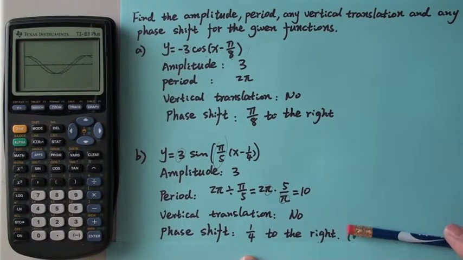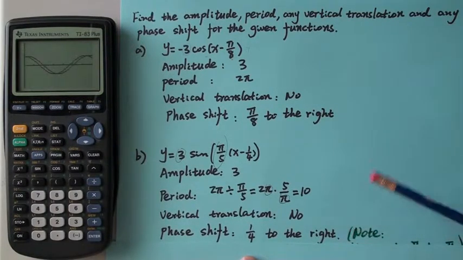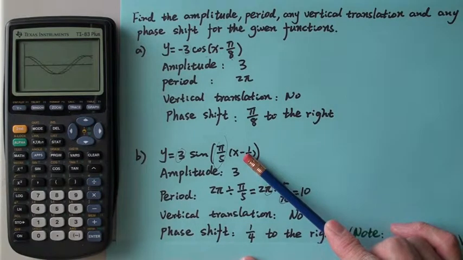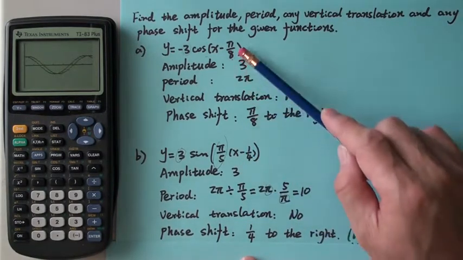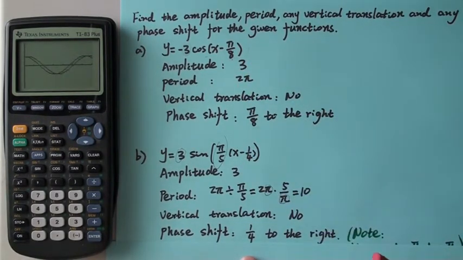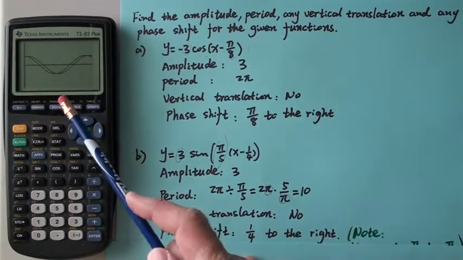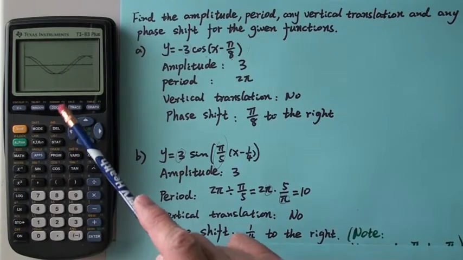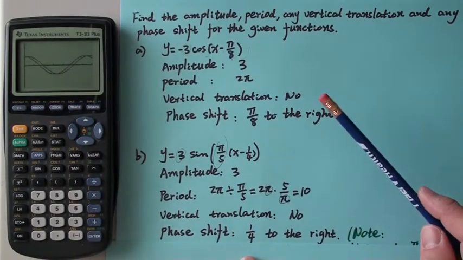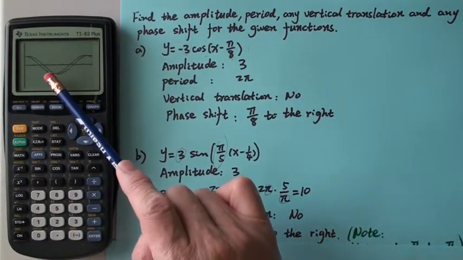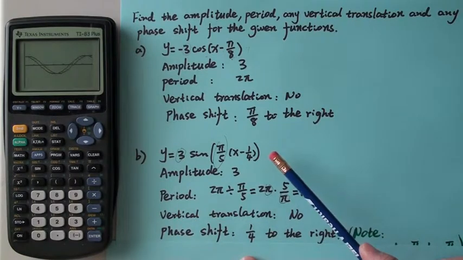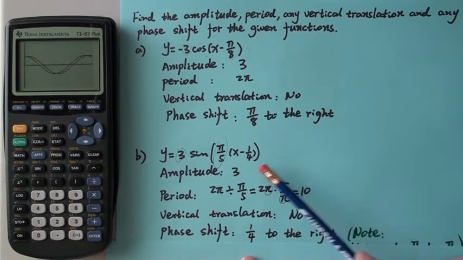It's not 1/4 to the left. 1/4 to the right is the positive direction; the one here is negative. Why? Again, I will show you the algebraic way later. You can use the graphing calculator to help you. The intercepts are actually shifted 1/4 to the right.